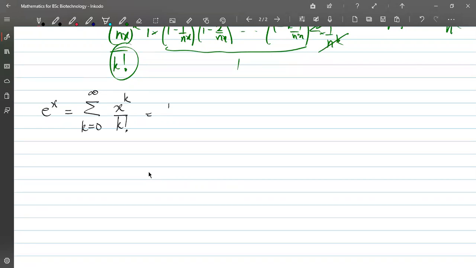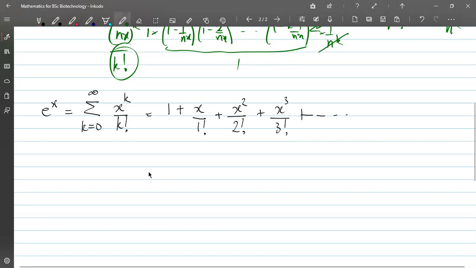So that's x to the 0 is 1, 0 factorial is also 1. And the second term will be x to the 1 upon 1 factorial. So that is x upon 1 factorial, plus x square upon 2 factorial, x cube upon 3 factorial, and so on. Exactly in this form for different values of k. So this is e to the power of x.